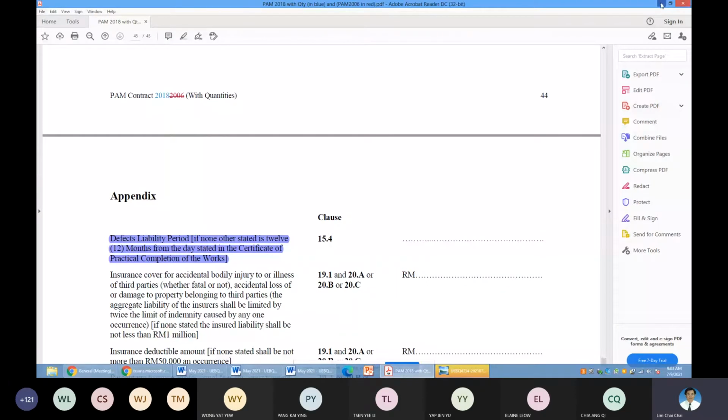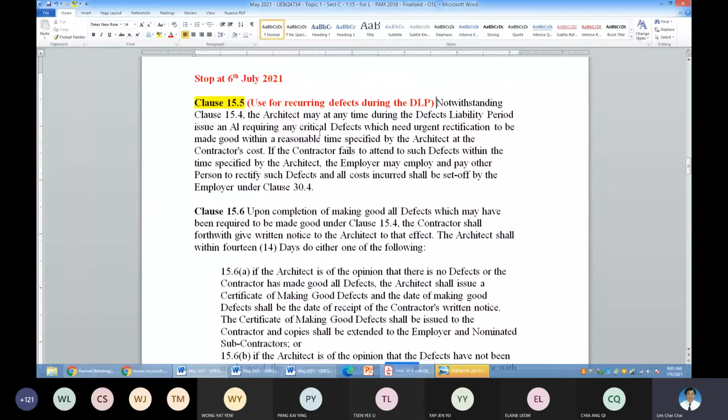So this is a list upon completion. The CMGD certificate will be issued theoretically.